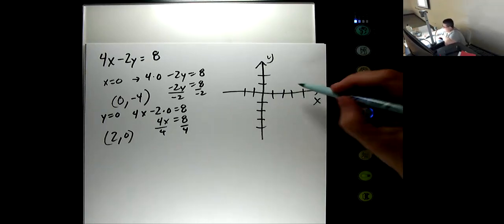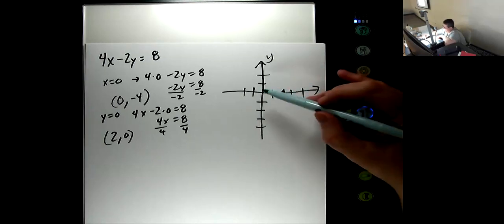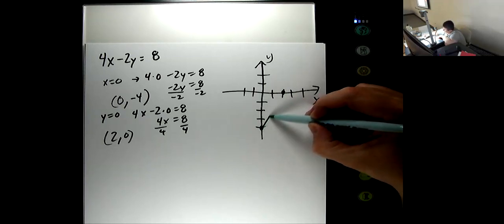So 2, 0 is right 2, up none. And 0, negative 4 is right 0, down 4. So I'll just connect these two dots.